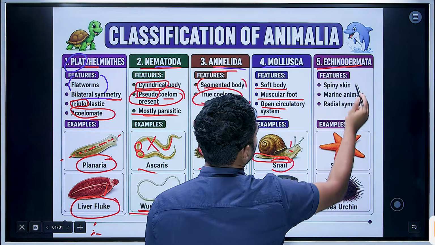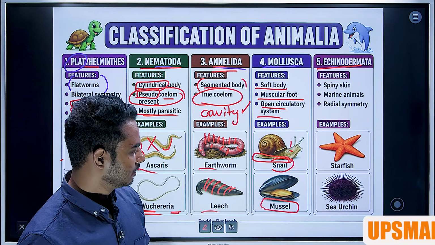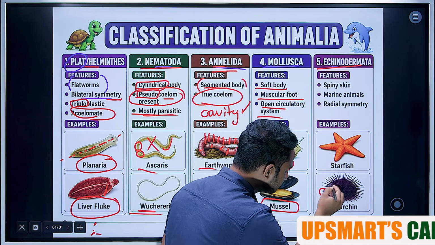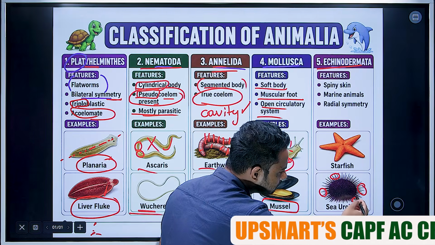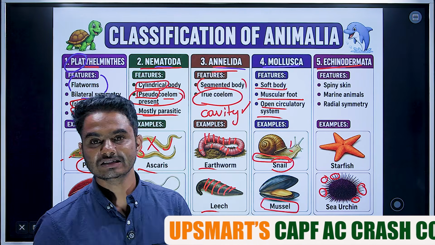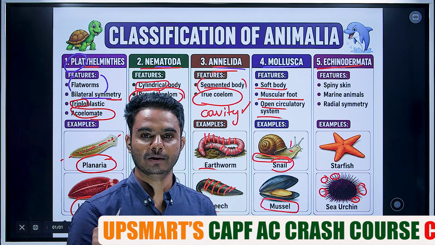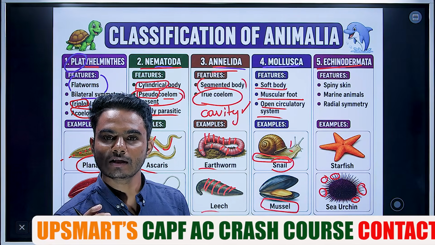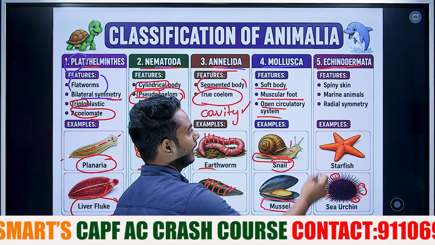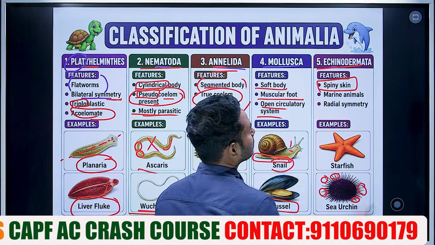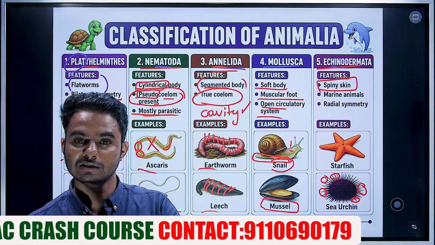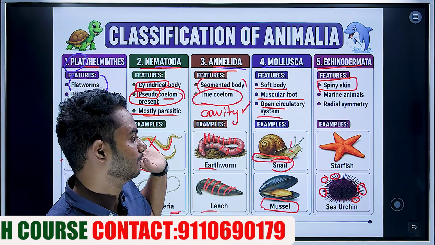Next, echinodermata. Echinodermata means, you see the spines. You can see the spines, right? Few organisms will have spiny outer structures. It will have spiny skin. So whatever are spiny skinned, they kept under echinodermata.